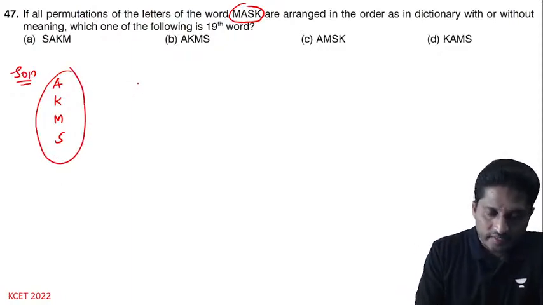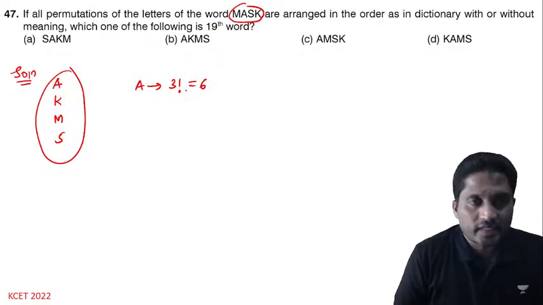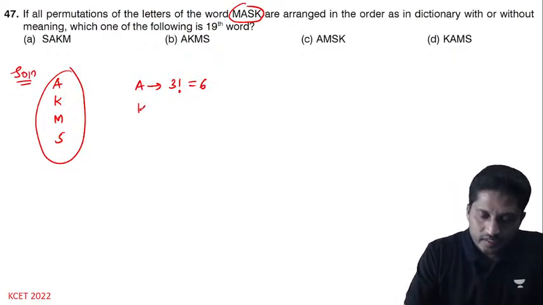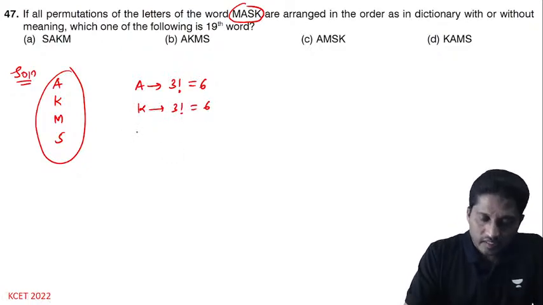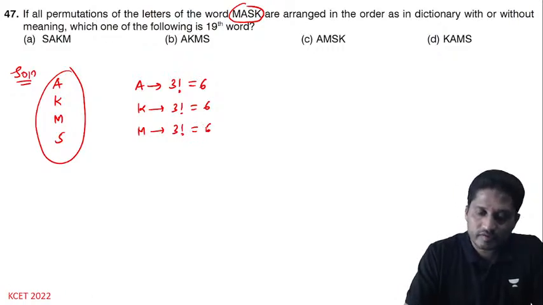Right, starting with A, the remaining 3 letters can be arranged among themselves in 3 factorial ways, which is equal to 6. Next letter in the dictionary is K. Starting with K, the remaining 3 letters can be arranged in 3 factorial ways, which is equal to 6. Starting with M, again 6.